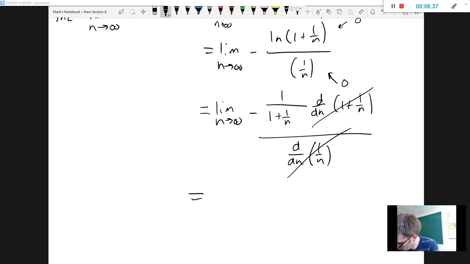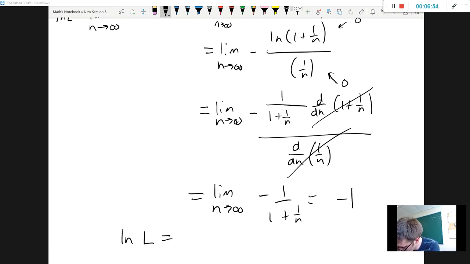And we'll be left with the limit as n goes to infinity of negative 1 over 1 plus 1 over n, which is just going to be negative 1. Okay? So the log of L is negative 1.